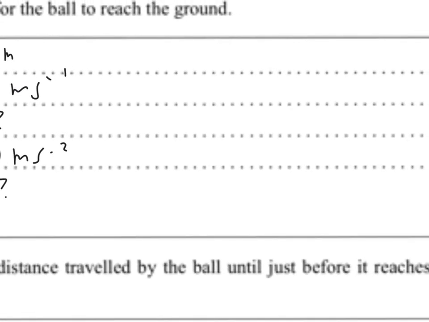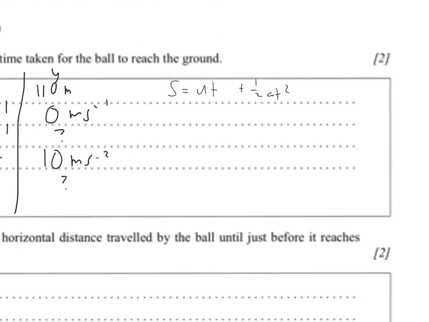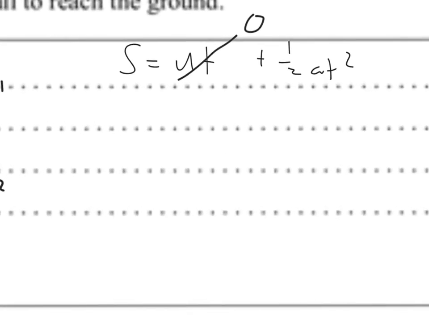So we can use the equation s equals ut plus 1/2 at squared to solve for time. The initial velocity is 0, so this entire ut goes to 0. So we therefore just have s equals 1/2 at squared.